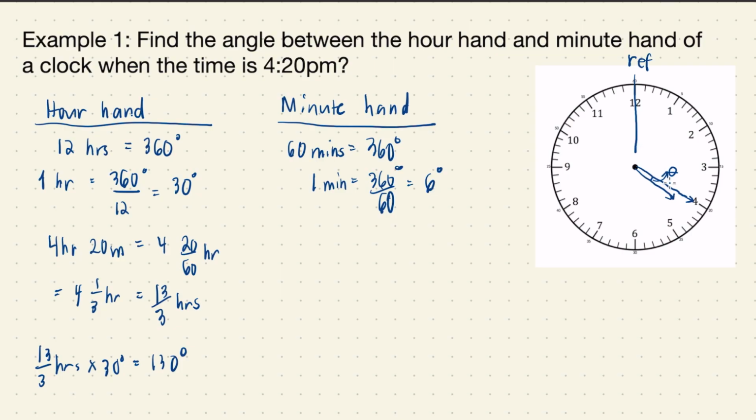Yung minute hand naman, nagsimula siya sa 12 at 4 PM. So 20 minutes ang ating reference. So in 20 minutes, we can multiply the 6 degrees. That gives us 120 degrees. So technically, let's change the colors of the hands.